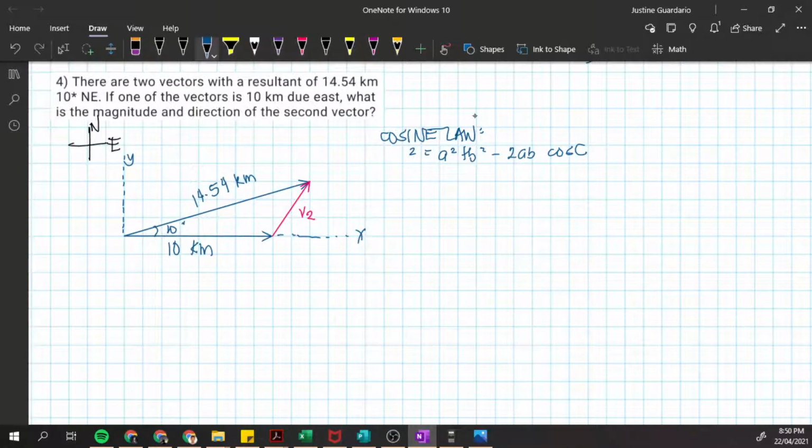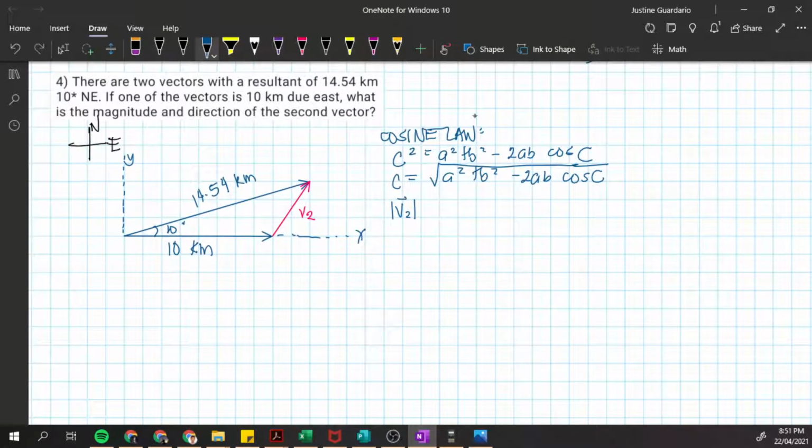Etong c na to represents our opposite side with respect dun sa angle na binigay natin dito. Hence, we can solve for c to be the square root of a squared plus b squared minus 2ab cosine c. Okay. Then this c represents our magnitude or yung length ng V2 natin. So that is equal to V2.